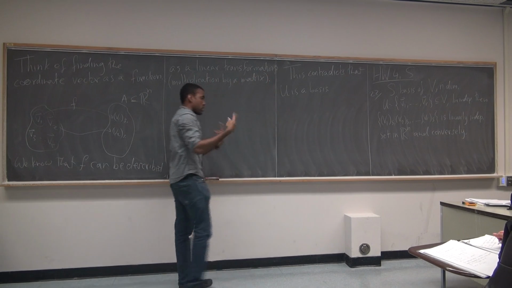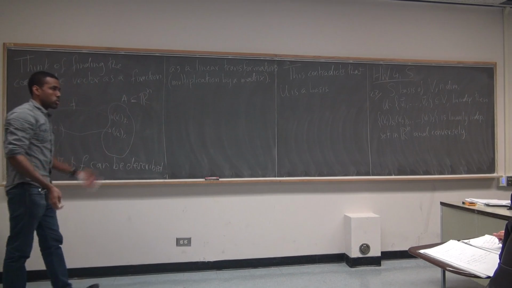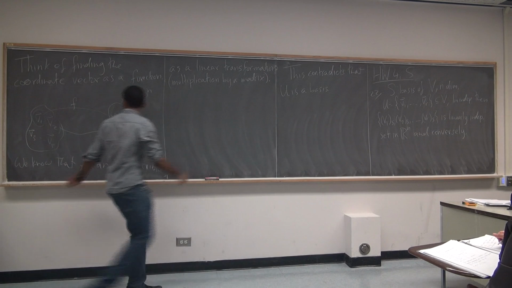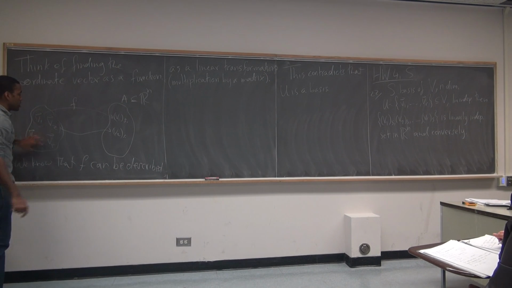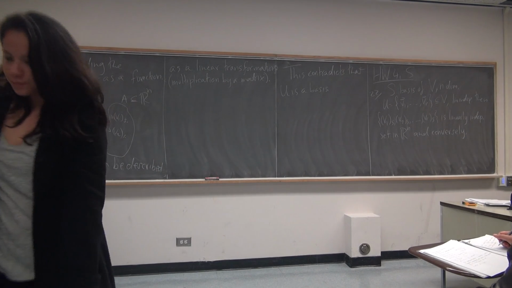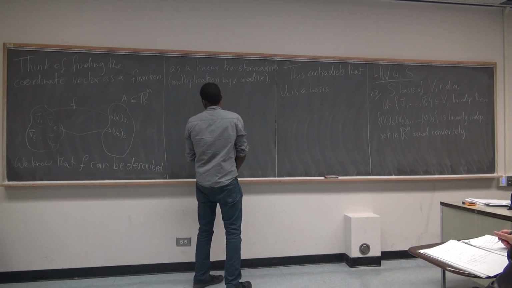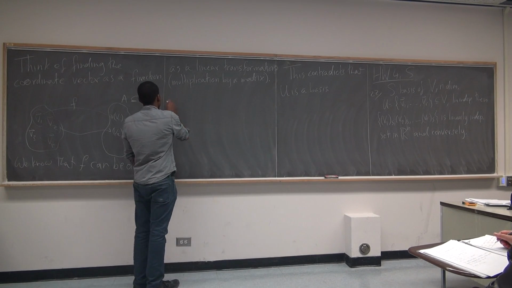We saw that when finding the coordinate vectors, we set up a matrix equation. So basically there's a linear transformation, some sort of function that I can apply to each vector to get its coordinate vector. We can even think of this as a change of basis. With 4.6 you can see this even more. You can multiply this guy by a matrix to get a vector in Rn. And so what we want to say here is the following.